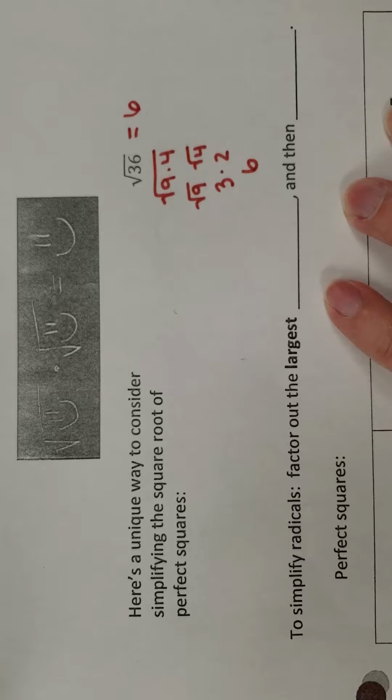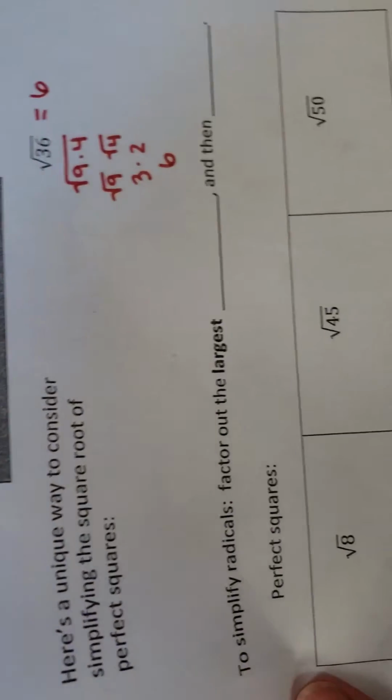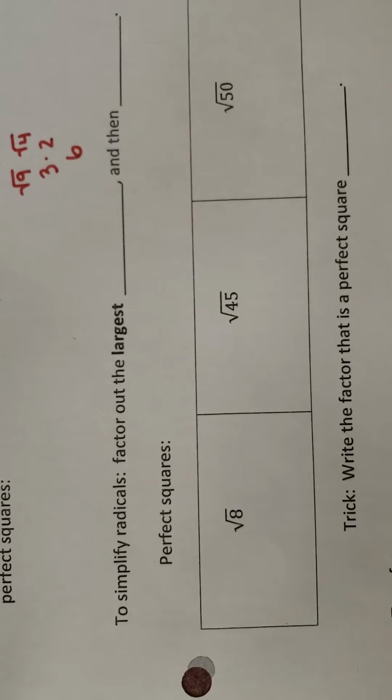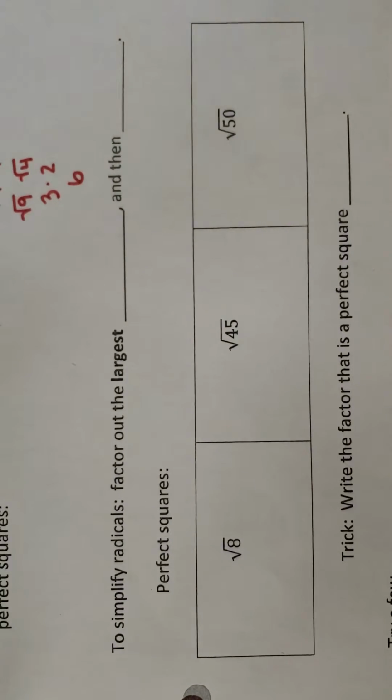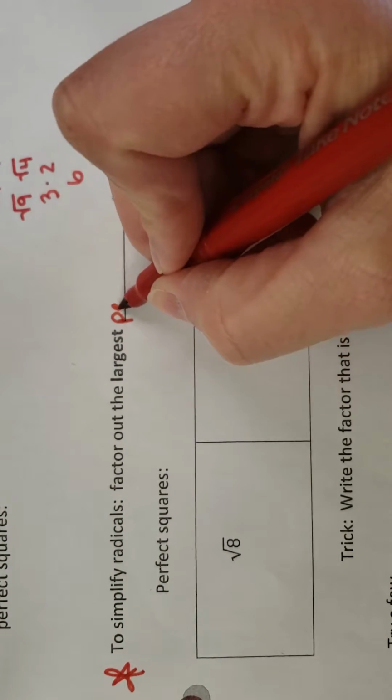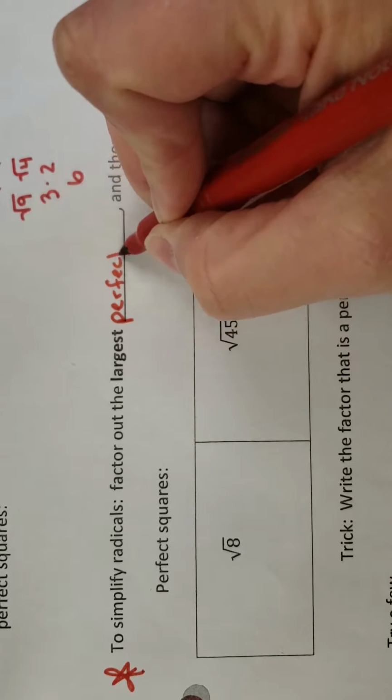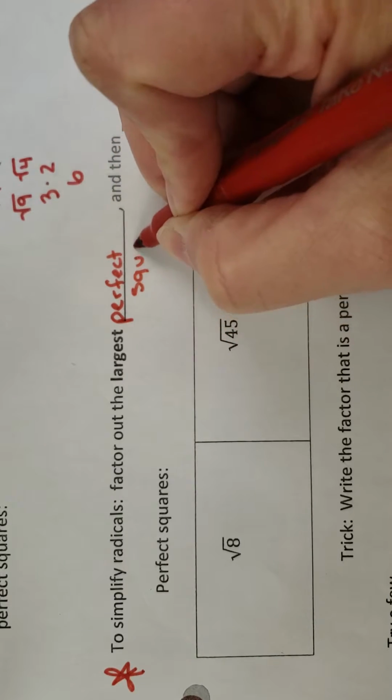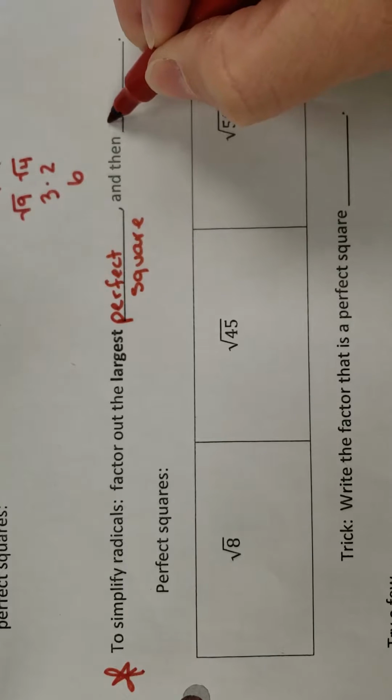It's kind of neat. So as we are going through this lesson, sometimes it gets a little bit hairy, a little bit overwhelming. The biggest thing to remember is this. To simplify the radicals, you'll factor out the largest perfect square and then simplify.